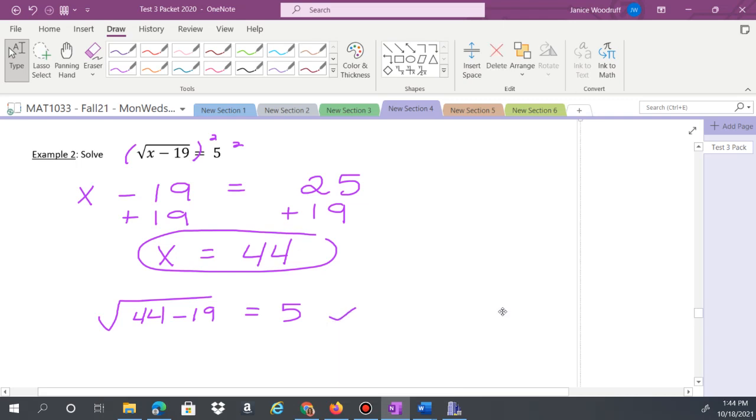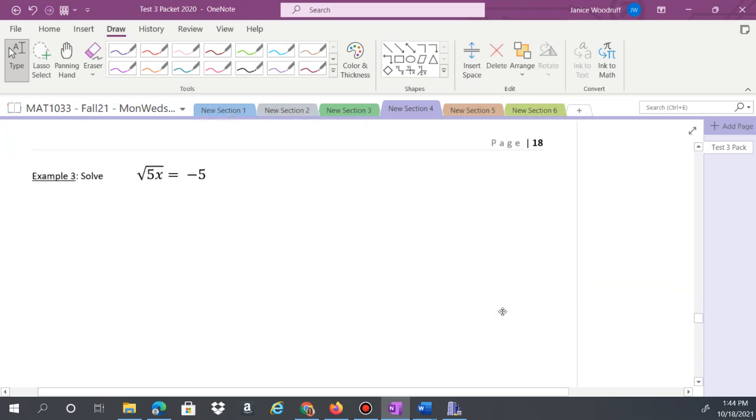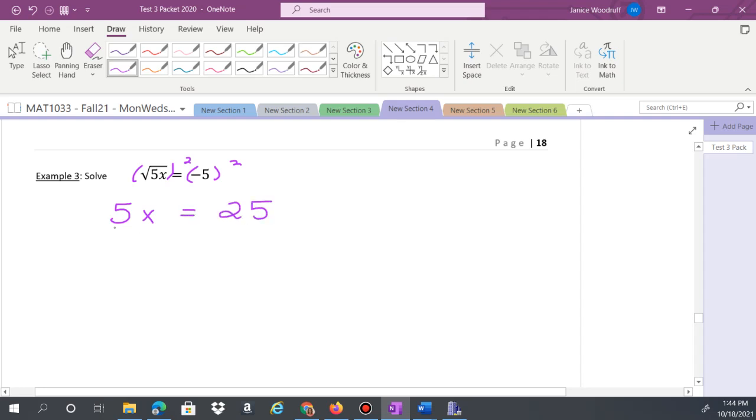Let's take a look at example 3. What do you notice right off the bat on this one? There's a negative, so it's probably an extraneous solution. Let's check. This is isolated, so I'm just going to go straight to raise. This will be 5x equals 25. Solve.